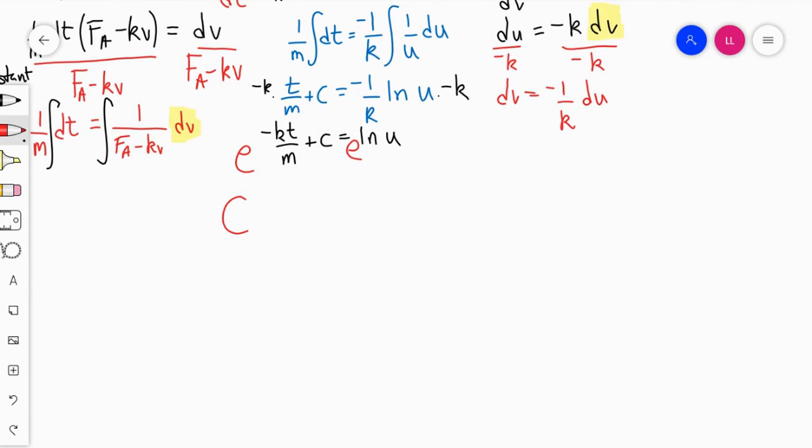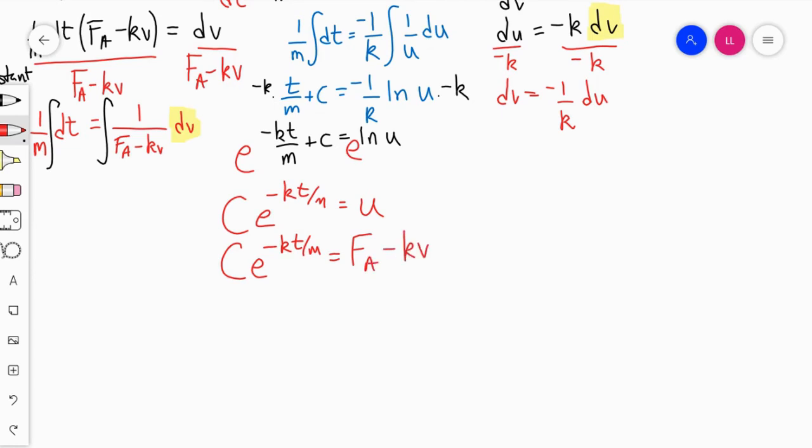So e to the c is just simply a big C, e to the negative kt over m equals u. Again, we know what u is, right? So we're going to substitute that back in. So we have C e to the negative kt over m equals FA minus KV, okay?